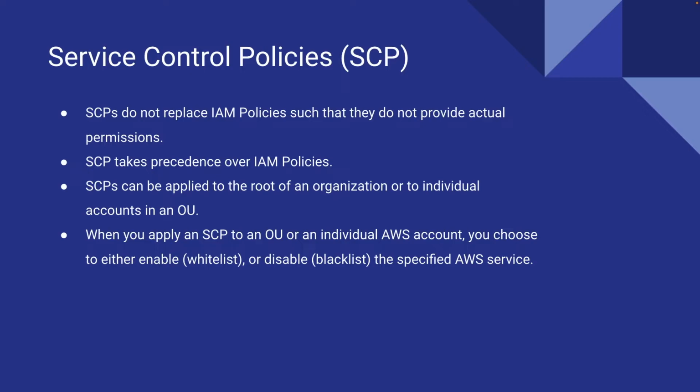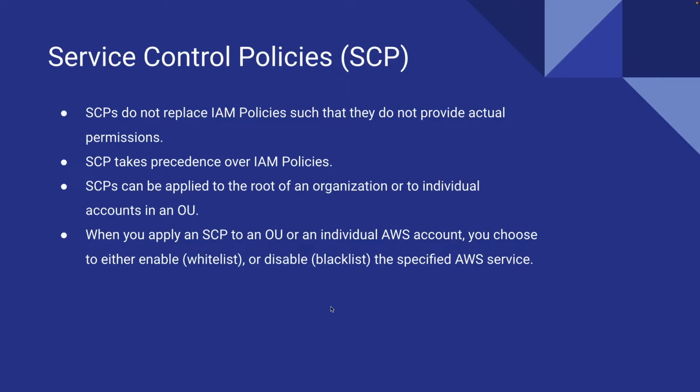When you apply an SCP to an OU or an individual AWS account, you choose to either whitelist or disable, blacklist, the specified AWS service. So basically you're choosing to either enable a service to be used in an account, or you're disabling it, which means you're unable to use a particular service or resource type in that account.